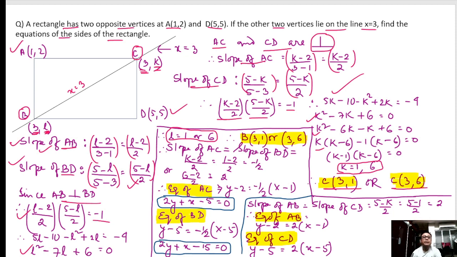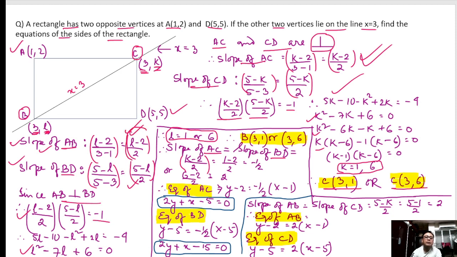Okay. So in that case, what is the slope of AC? This is the slope of AC. It was K minus 2 by 2. And what is the slope of BD? The slope of BD was L minus 2 by 2.